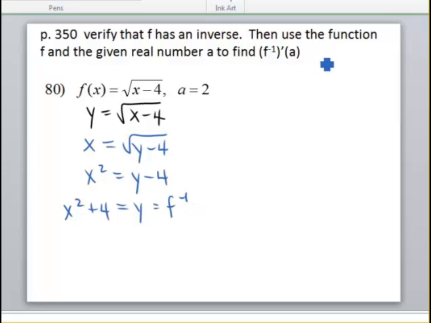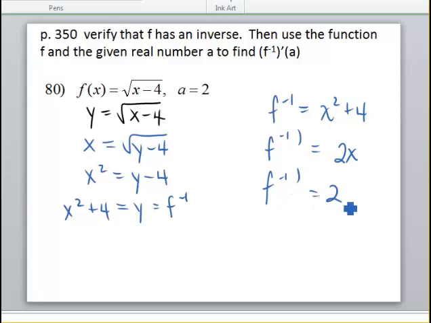Then use the function f and the real number to find f inverse prime of a. So f inverse is x squared plus 4. So I could find its derivative by just taking the derivative, and then I'm supposed to find it at 2. So f inverse prime at 2, plug in 2, ends up being 4.